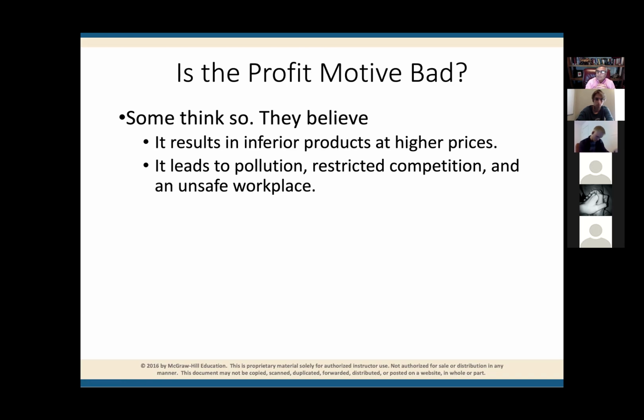But in reality, profits do the opposite, because if you try to sell an inferior product in order to make higher profits, the individuals are going to know that, and they are going to buy another product from another supplier. So actually, the motive for profits encourages companies to try to sell a better product.